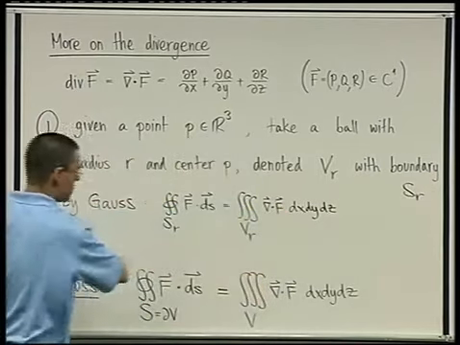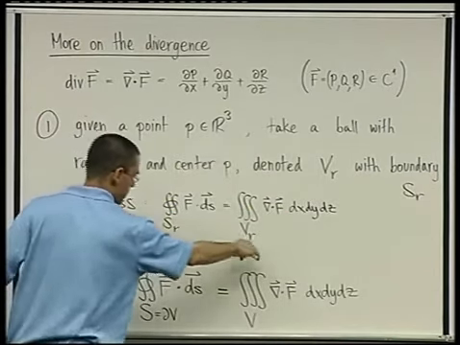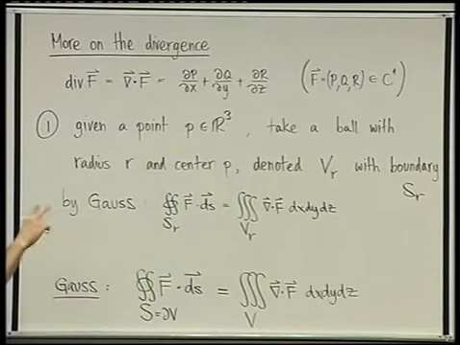I just rewrote Gauss's theorem, replacing S with SR and V with VR, the specific ball and boundary sphere. Okay.